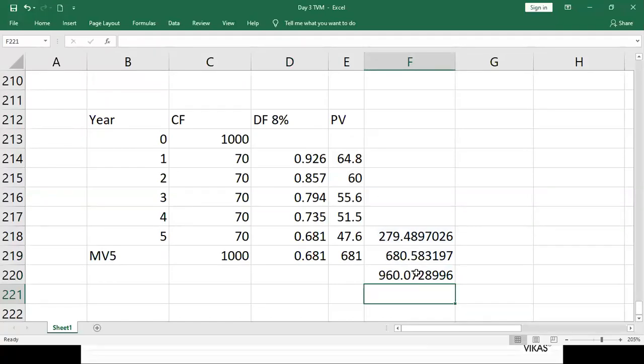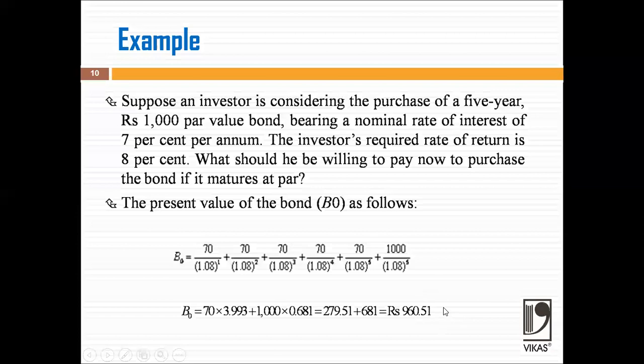Right, 960. Please check the answer. Right, have we got the correct answer? Yes.